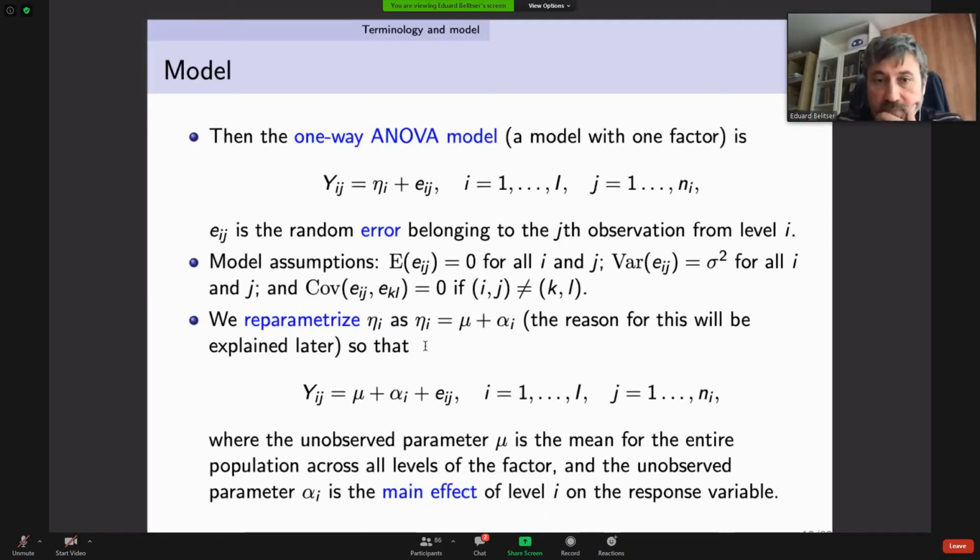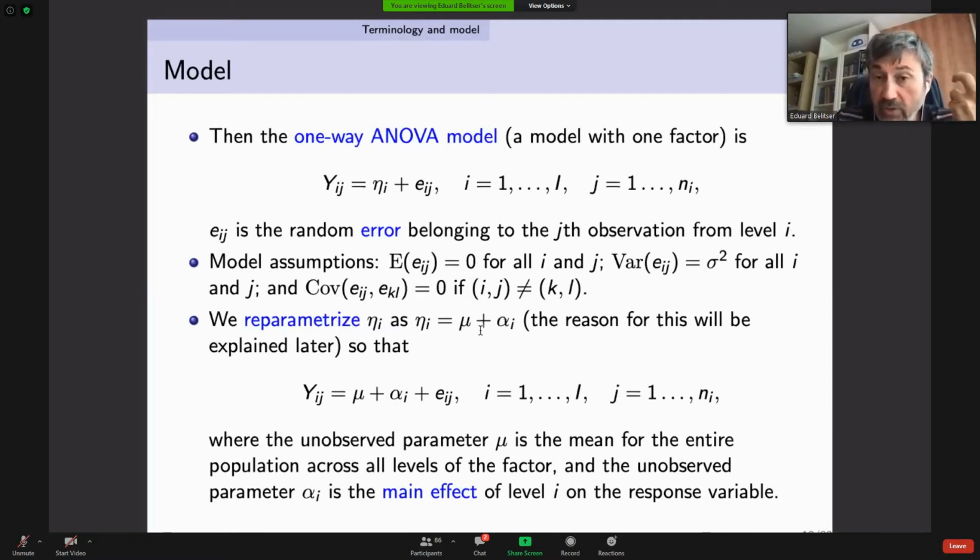And here we just do it somewhat artificially, just for the sake of future considerations. So instead of eta, we just write mu plus alpha I. There used to be just one eta I unknown. There were I unknowns, and now there will be I plus one unknowns. So we actually made our life more difficult.